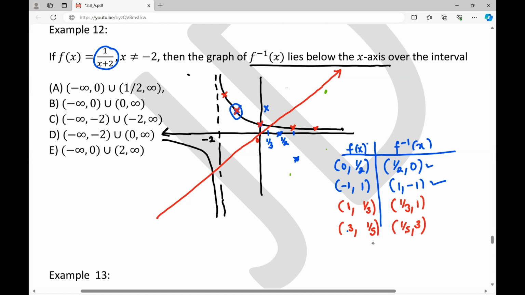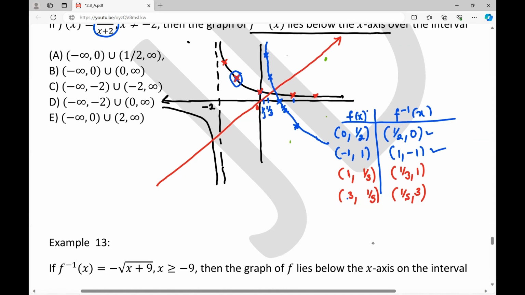So you have 1 over 5 is before, okay, let me move this a little. 1 over 5 is before 1 over 3. So you have 1 over 5, and then 3 is up here. So you see that this is just going to be something like this. And it will keep going down. So this is the reflection of what? Of the first part of the graph across the line y is equals to x.